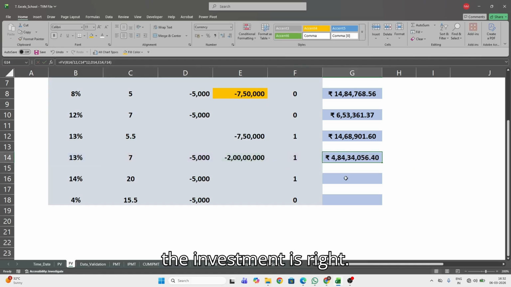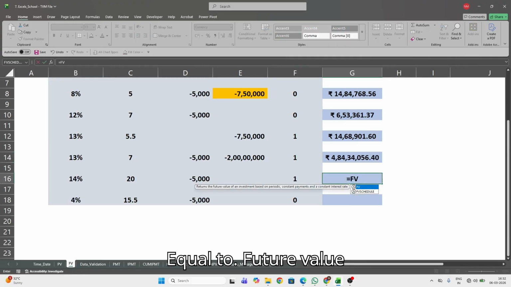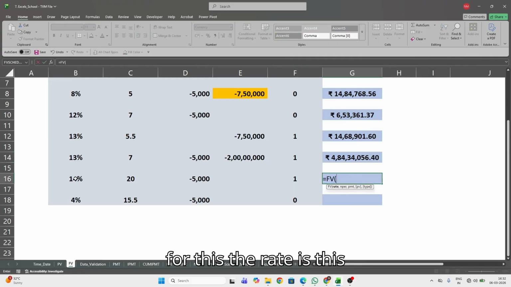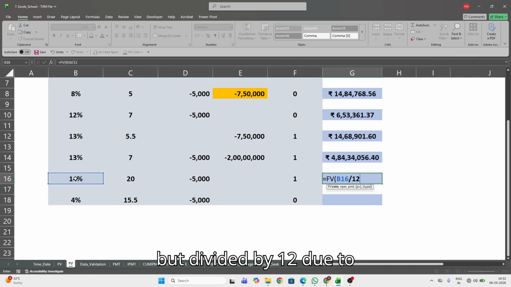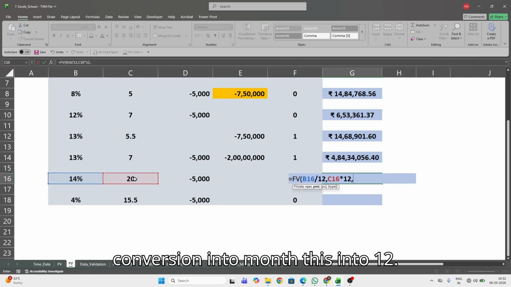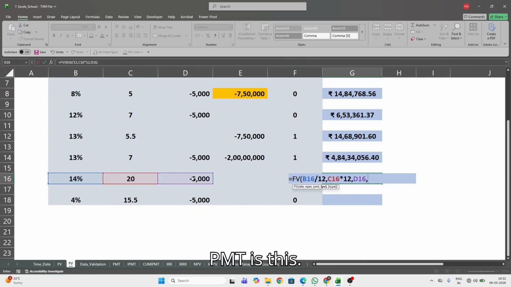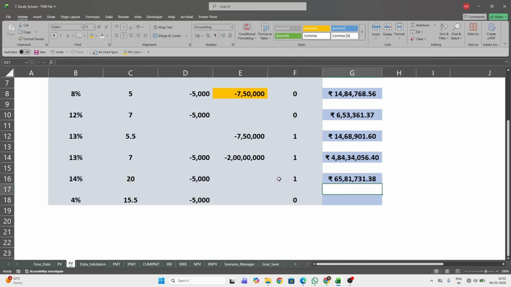So the investment is right. Equal to future value, for this the rate is this, but divided by 12 due to conversion into months. NPER is this into 12, PMT is this, and present value is this. Done. This is how it works.